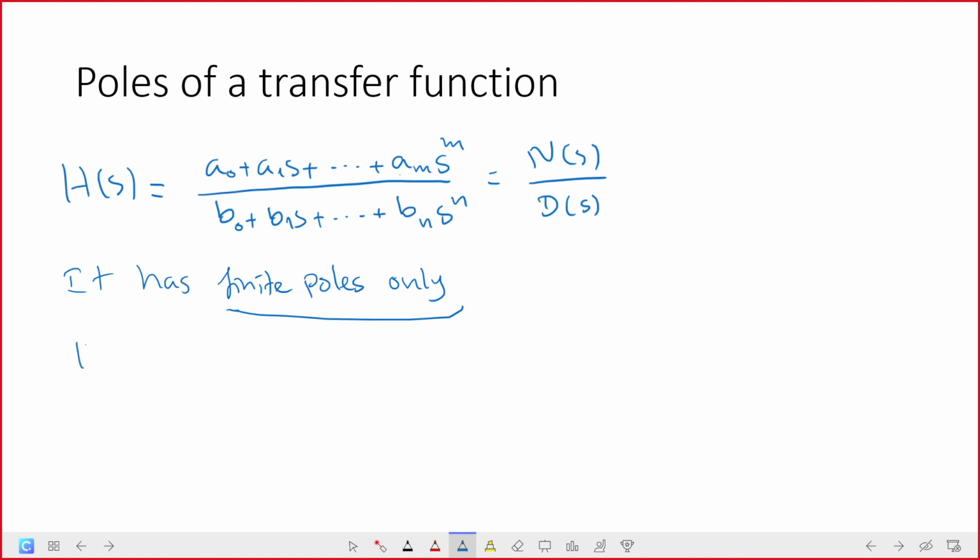And how to find a finite pole? To find a finite pole, we find s such that h of s goes to infinity. Then the denominator goes to 0; actually it's just equal to 0.